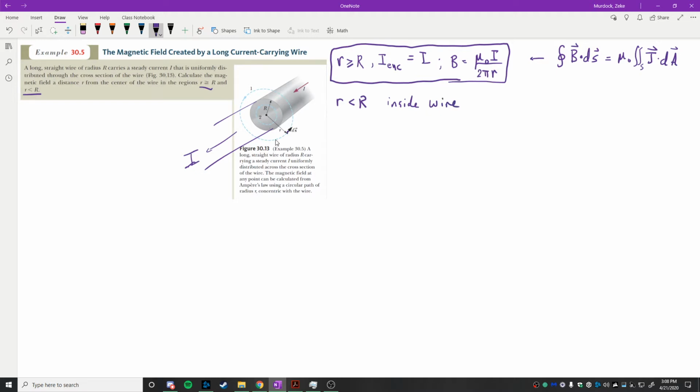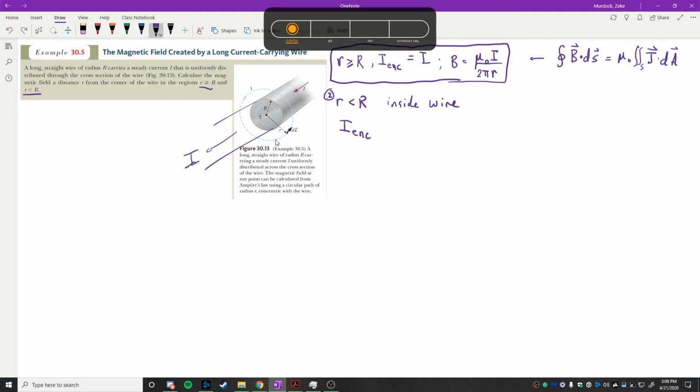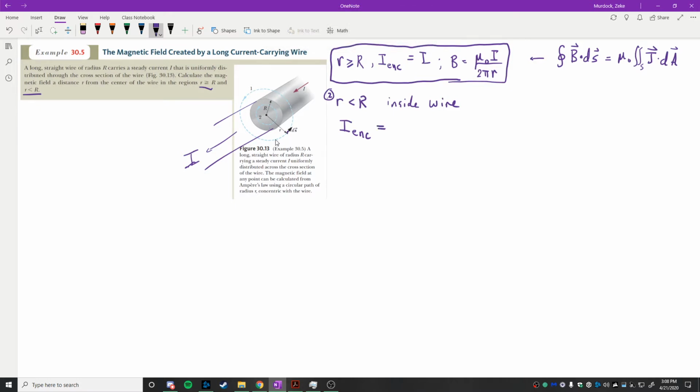Now, what we need to do is we need to calculate the amount of current enclosed. And in this case, the enclosed current for path 2, so this is path 2 here, that little dashed path right there, is going to be found by doing this integral of j dot dA.